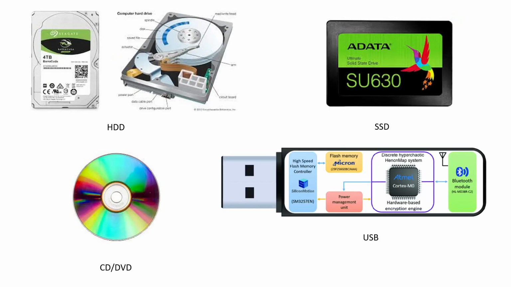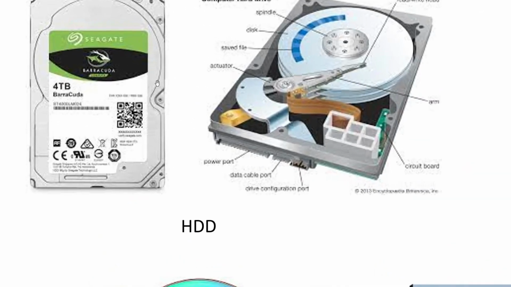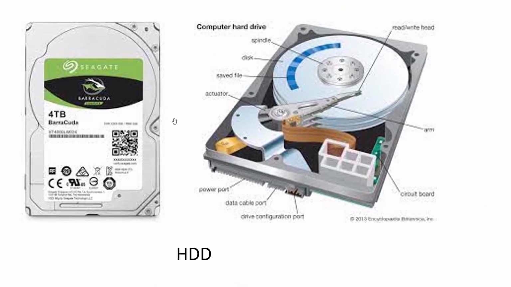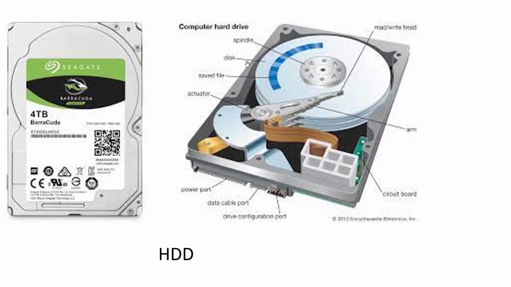Then you have the hard drives. Basically, almost all desktop computers have a hard drive. So you can see how a hard drive looks like. You have the image of a 4 terabyte Barracuda storage capacity hard drive, and the internal workings of an actual hard drive and how it works.